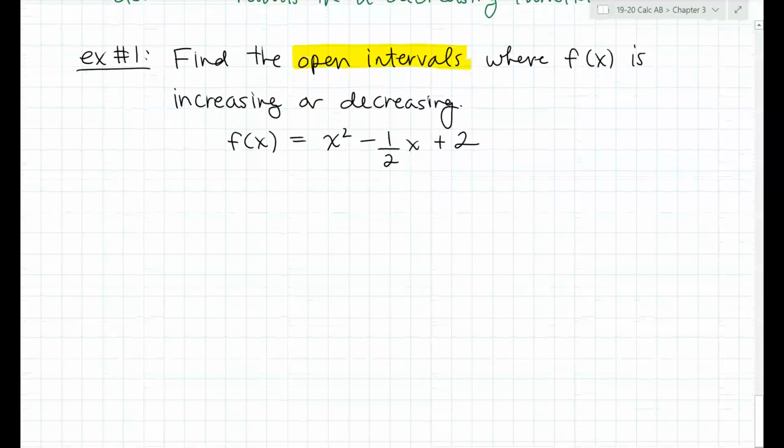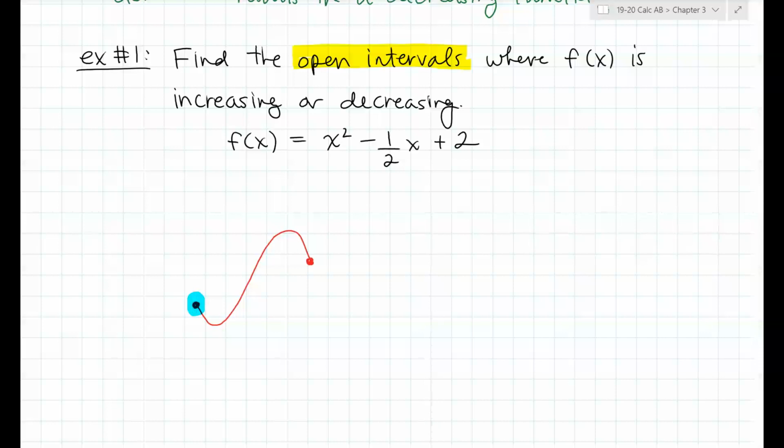Now the reason why we say open intervals is because a function cannot be increasing on the endpoints of a closed interval. Okay? For example, I'm going to erase this. But if I were to have a graph that looked like this, most people would say that right here, the graph at that point is increasing because they look at the stuff on the right side and they say, oh, it's going up, so therefore at the point it's increasing.